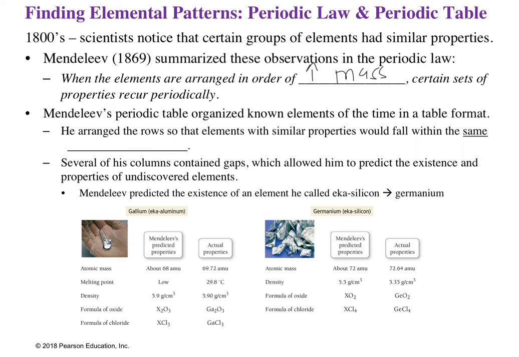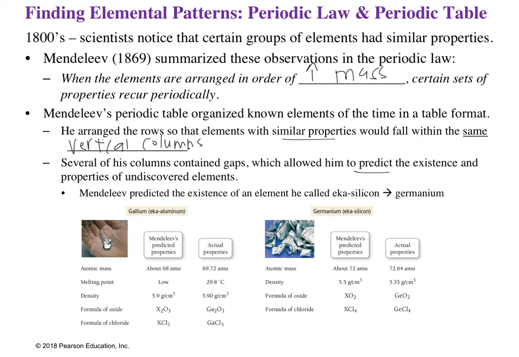When he put them in a table format, he tried to put elements with similar properties in the same vertical columns, and then he noticed that there were gaps between the columns actually, and that is where they were able to predict some elements that hadn't been discovered yet.